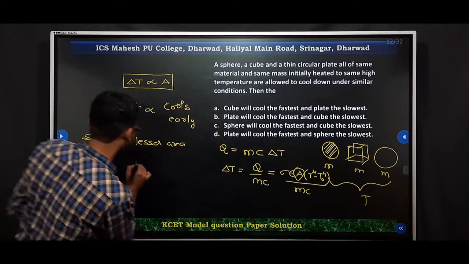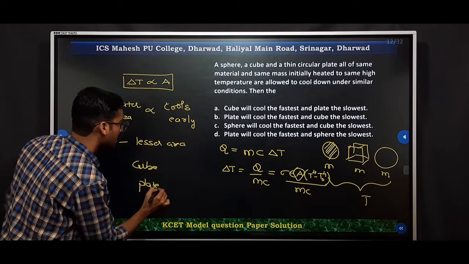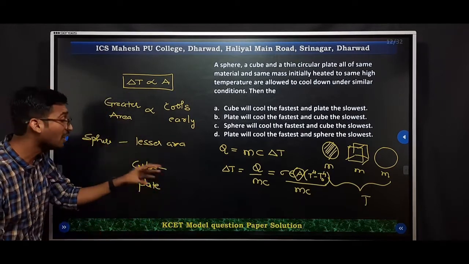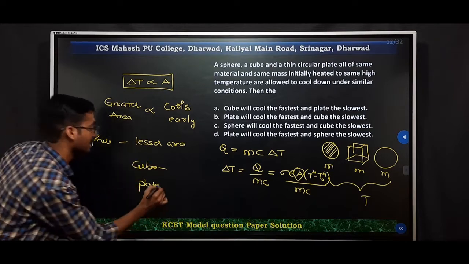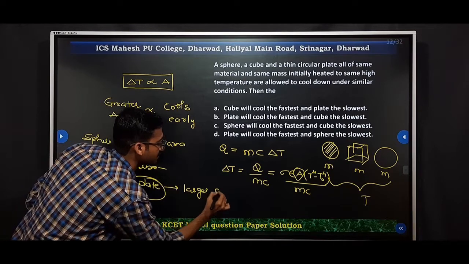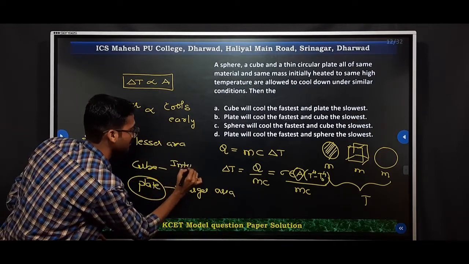Comparing the cube and the plate, the cube has a smaller area compared to the plate. Therefore, the plate has a larger area, and the cube has an intermediate area.